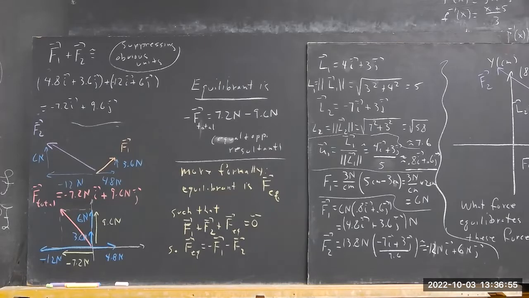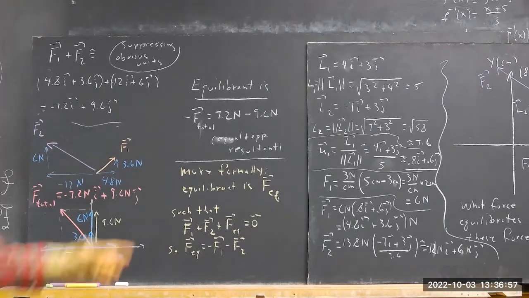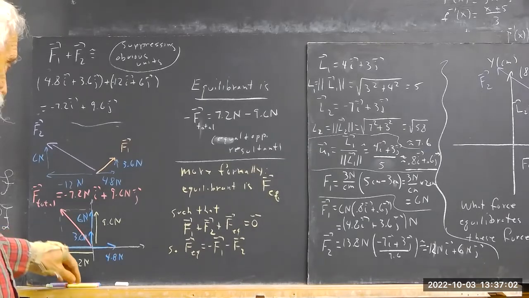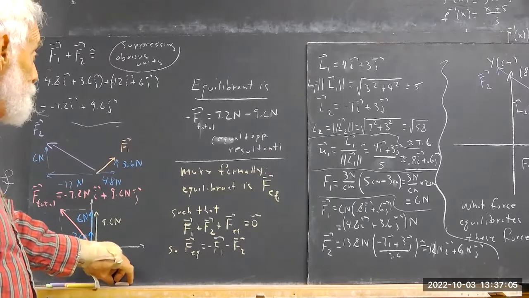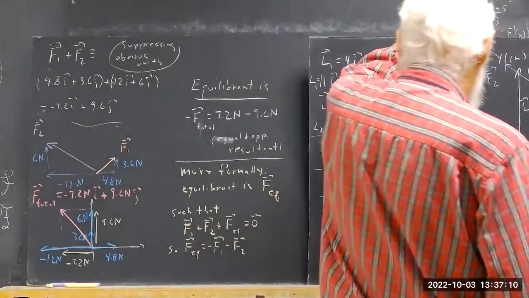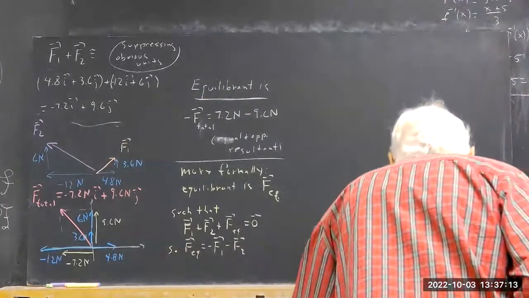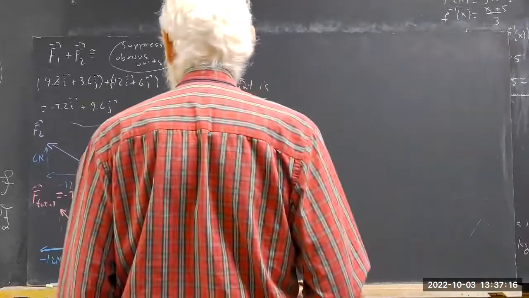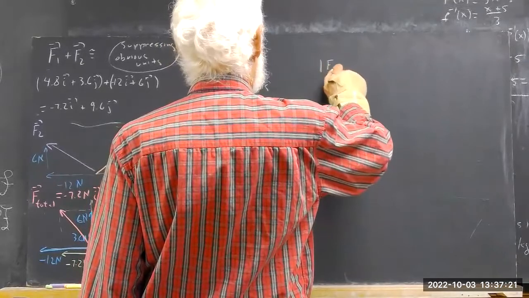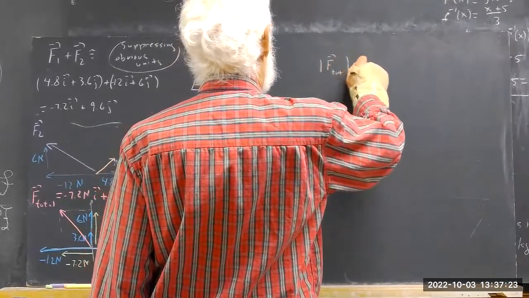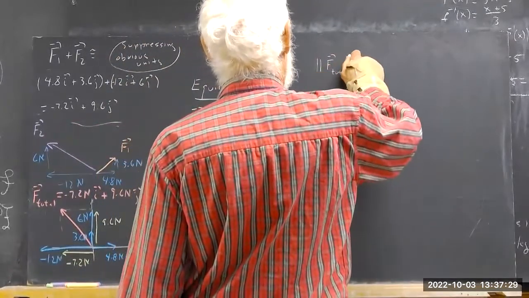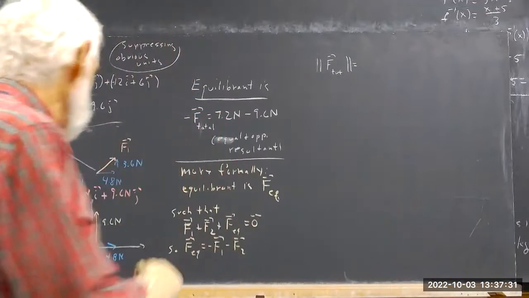Okay. So my last question is, what's the magnitude and angle of this force? And I think you already know this. And I'm not always consistent with my absolute value or magnitude signs.